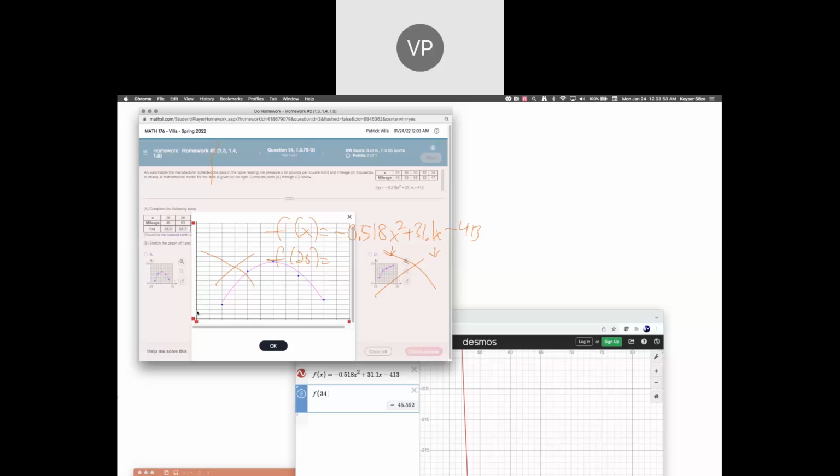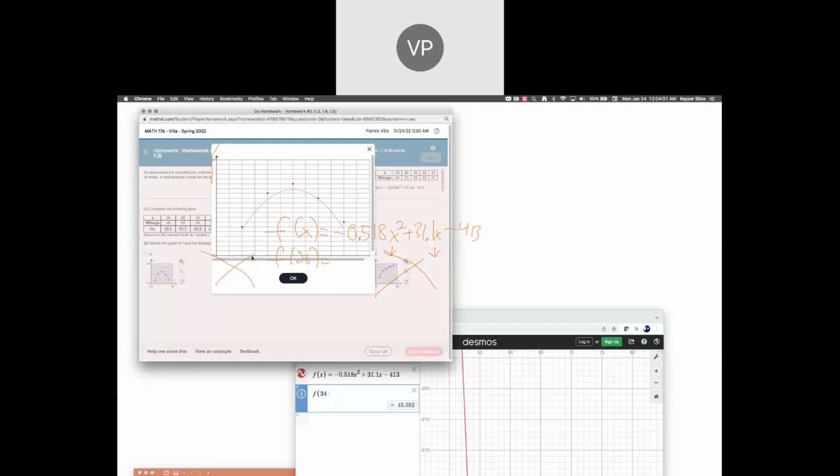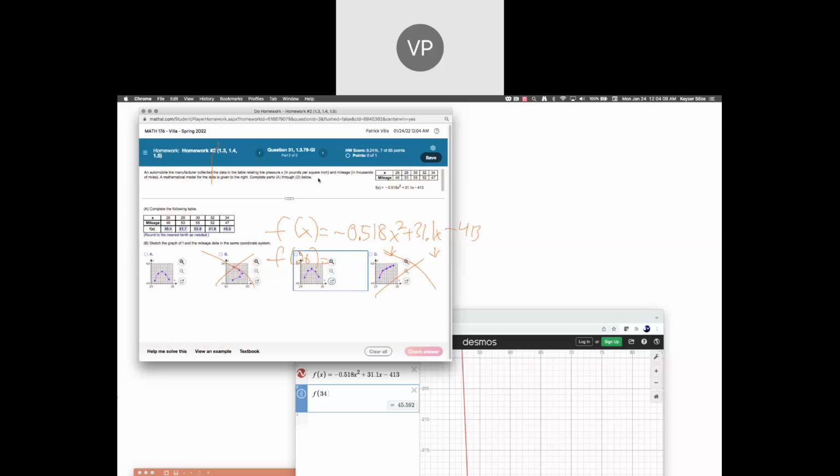So these are counting by ones. Make sure I'm getting the scales right. It's about 43, a little higher. I found it to be 45, so that doesn't look right. Let me look at this one. And at 26, notice that's a little bit higher where I should be. This looks like the proper set of dots right here. So that's my choice. And there's my answer.